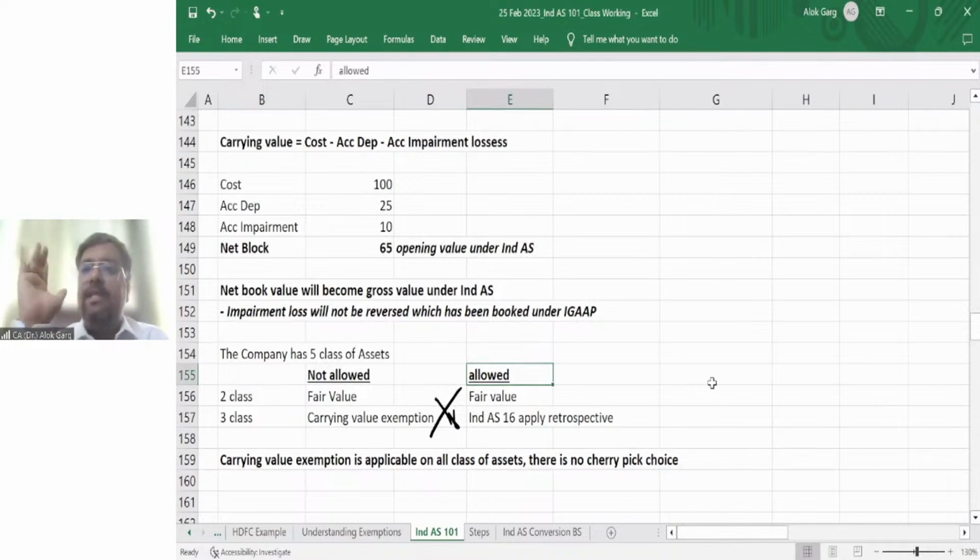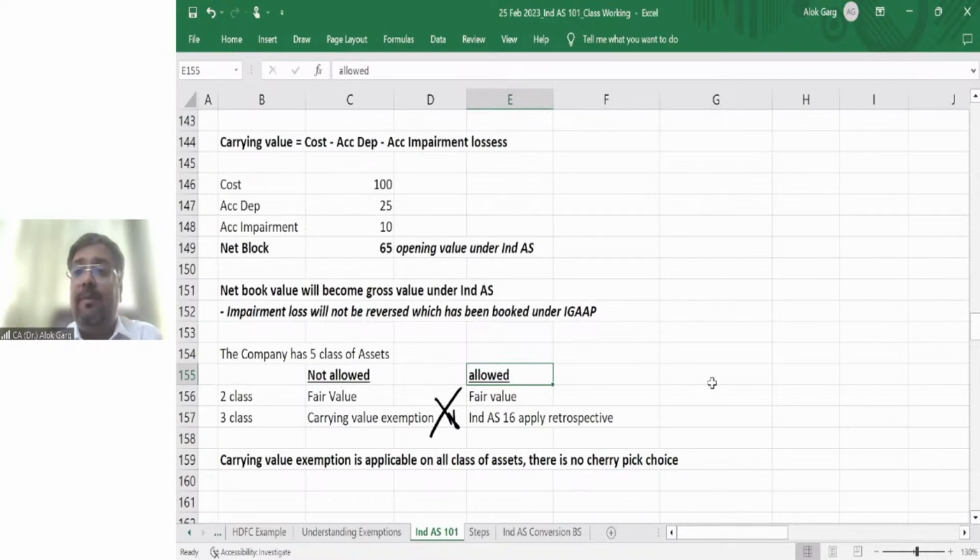Are you getting me? If the company has 5 classes of assets, 10 classes, or 16 classes, and on some classes the company wants to do the fair valuation and for other classes avail the carrying value exemption, it is not allowed. But if the company applies the fair value model on some classes and Ind AS 16 retrospectively on the remaining classes, it is allowed.